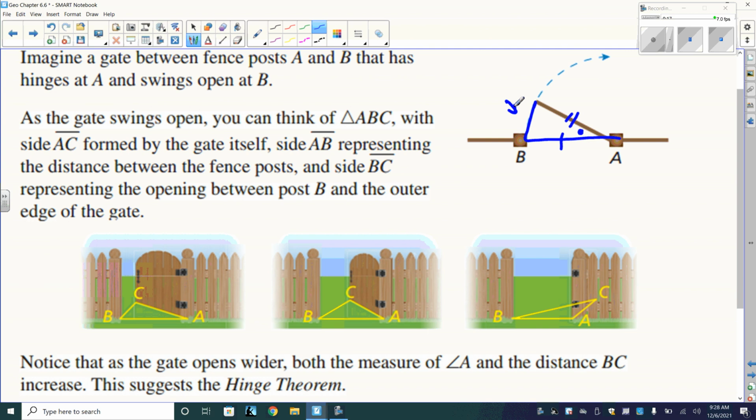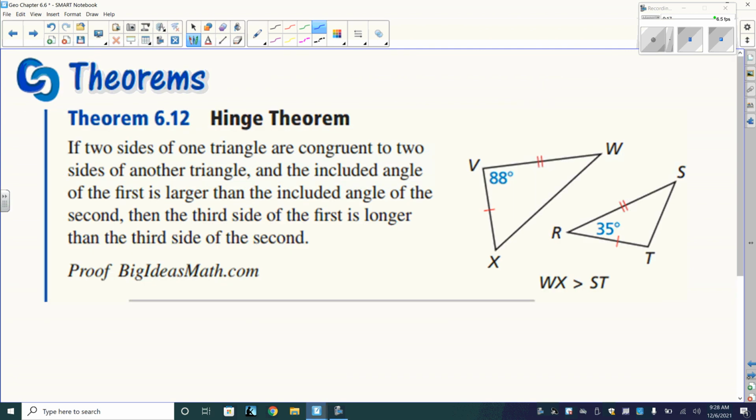And really that's what this whole concept is. If two side lengths of one triangle are congruent to two side lengths of another, and the included angle of the first is bigger, then the third side of the first triangle is longer than the third side of the second.